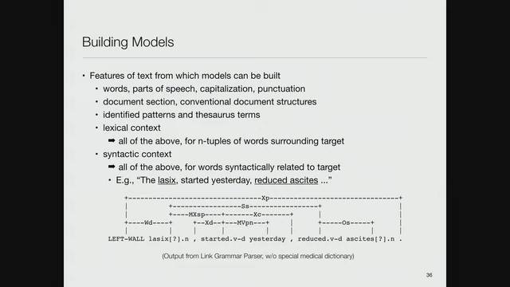We then identified a bunch of patterns and thesaurus terms, so we looked up in the UMLS words and phrases to see if they matched some clinically meaningful term. We had patterns that identified things like phone numbers and social security numbers and addresses and so on. And then we did parsing of the text.